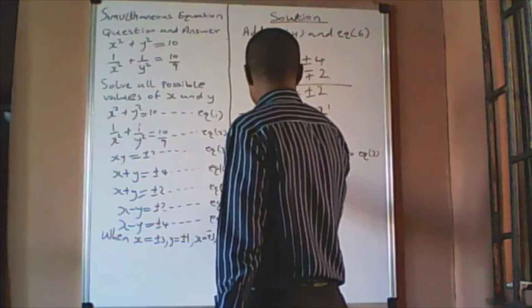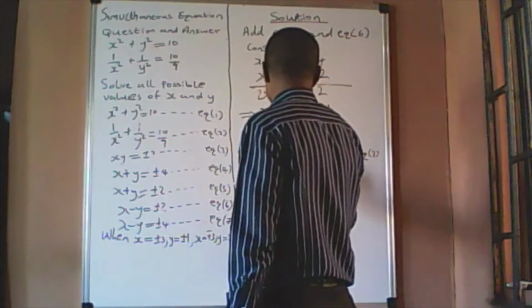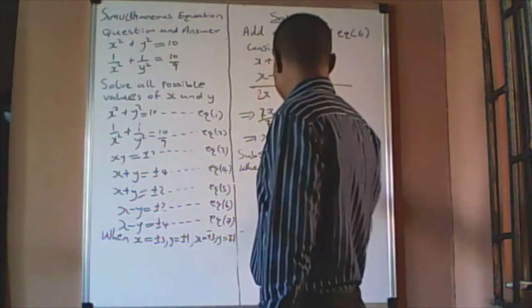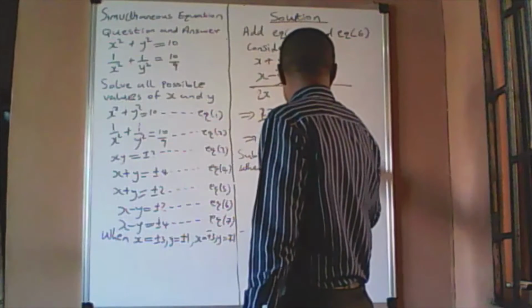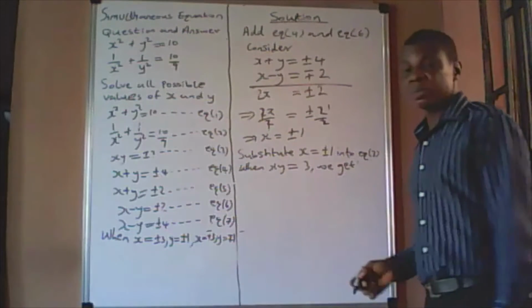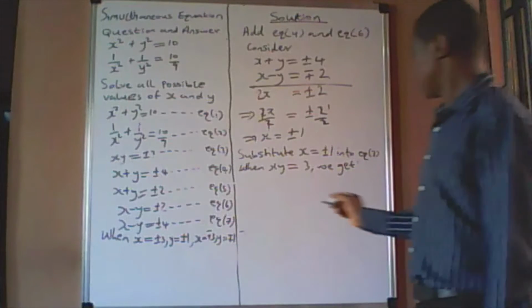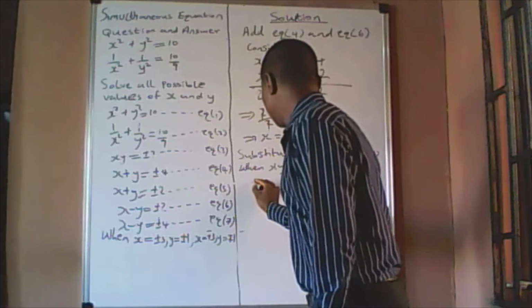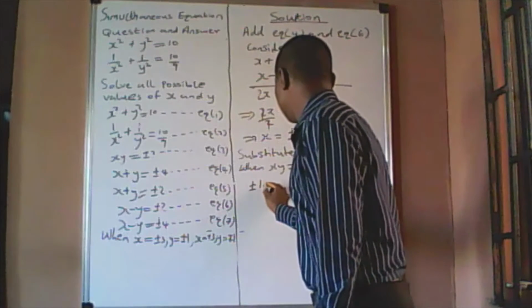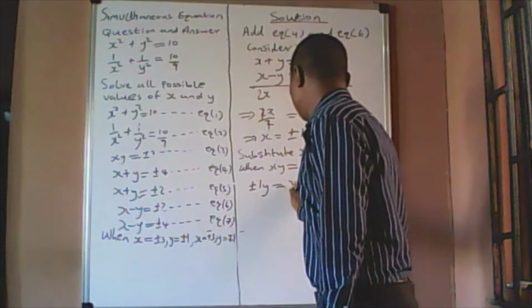When x times y is equal to 3, we get plus or minus 1y equal to 3.